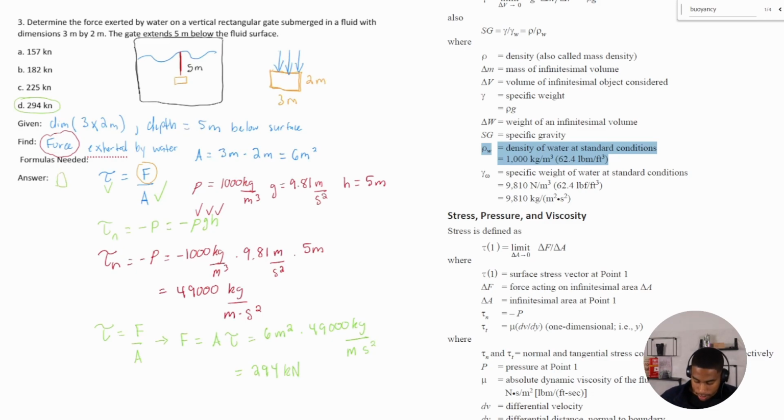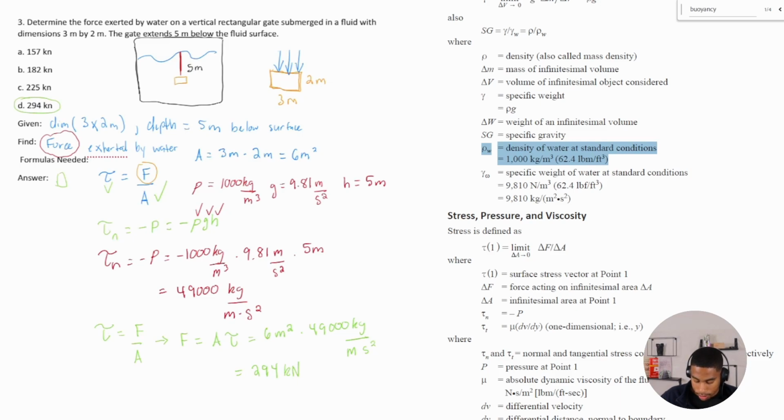So a lot of trying to figure out what's what. It's kind of like they didn't give us a lot of information, but they gave us just enough to be able to get to the next step. So first, we took what we had. We found a formula that we could use to solve for force.